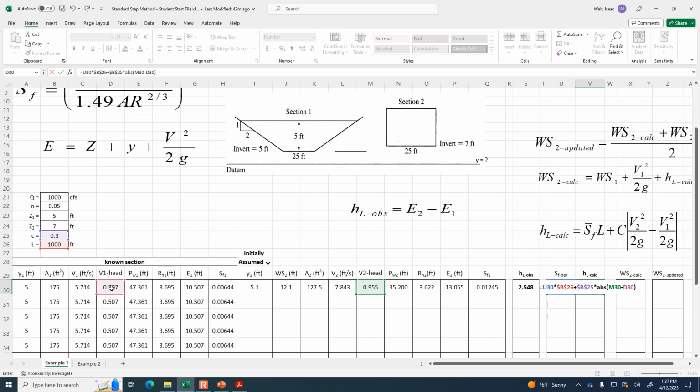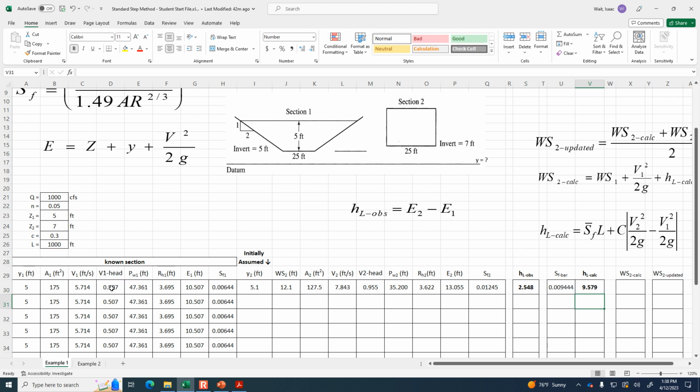If we hadn't calculated velocity head as an extra standalone column, then we would have had to type the velocity head formula in there. We could do it, it would just maybe be unnecessarily complex to embed it inside the absolute value.